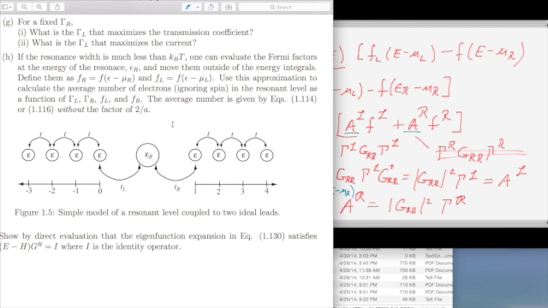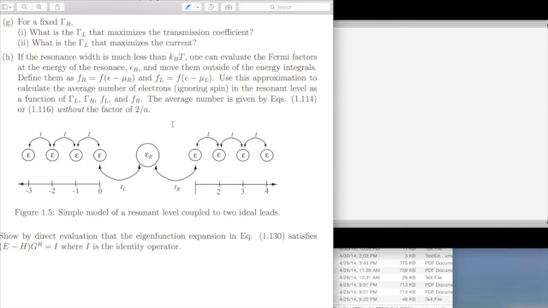And when you look at that final expression, it turns out to be exactly what you get from just solving a rate equation. So you've got the central site, and you've got F left, gamma left.